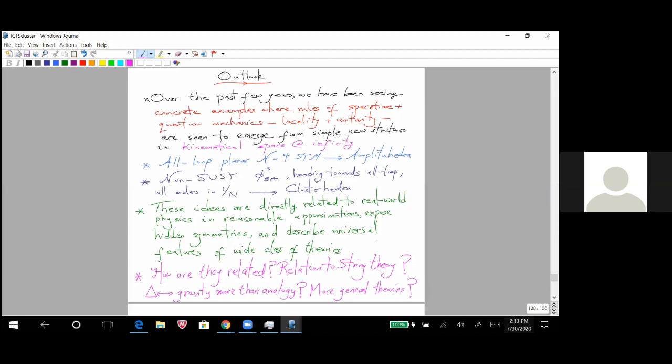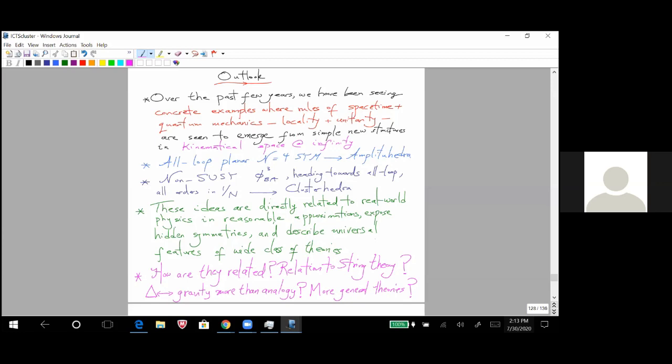about whether the singularity properties of the amplitudes that reflect locality and unitarity can actually emerge from a different kind of question. And we've seen these emerge from simple new structures directly in kinematic space, where the scattering amplitudes live. We talked about it in the context of all-loop planar N=4 Yang-Mills and the amplituhedron.